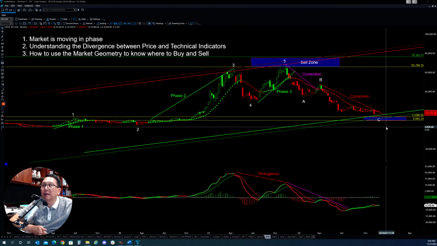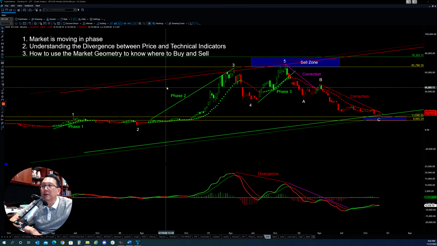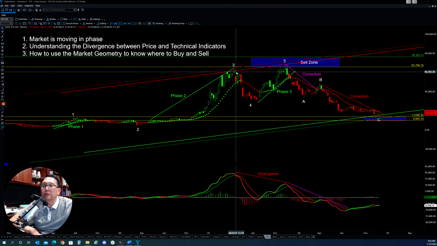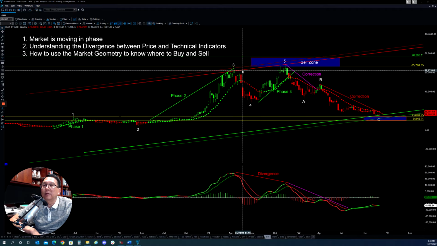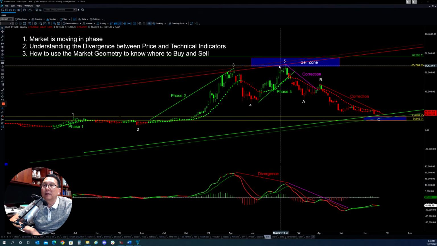And the third thing is how to use the market geometry so that you know where to buy and where to sell. You have to know how to draw those lines, because those lines look simple, but they have a lot of meaning. You have to connect the dots so that you know where the upper resistance line is, where the level of support is, where the sell zone is, and where the buy zone is.